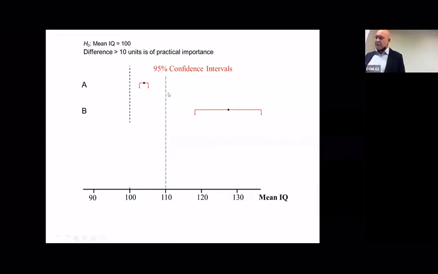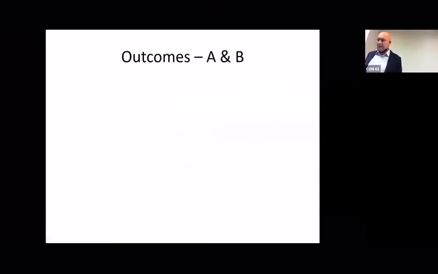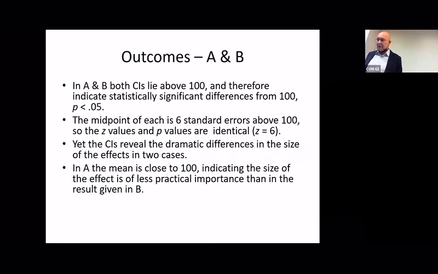We're not doing it with respect to this value of 110, although we could if we wanted to, but let's do it just with respect to this 100. So the number of standard errors from the mean to the edge of the 95% confidence interval is nearly 2, plus another 2 to here, another 2 to here. That gives us 6 standard errors, which is Z equals 6, if you look at the formula.